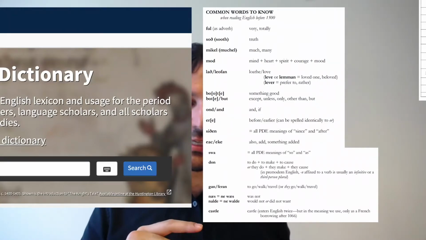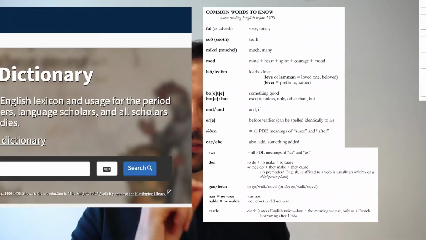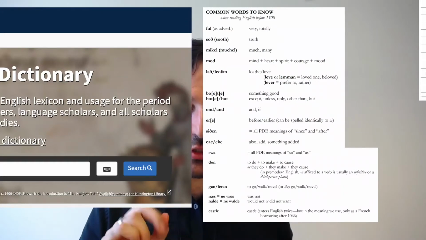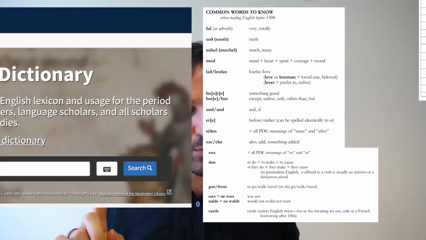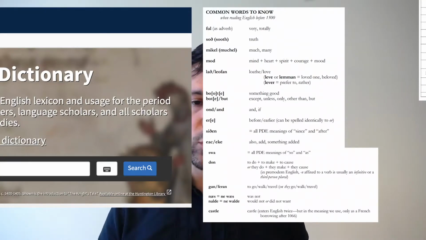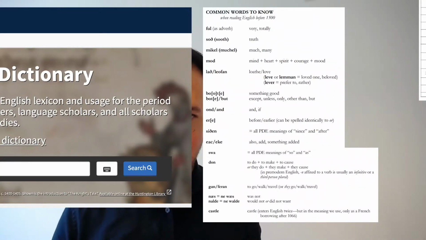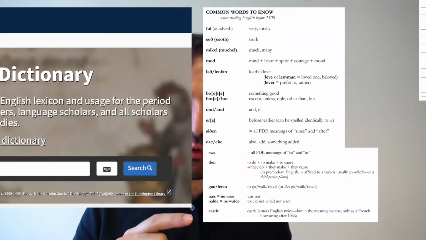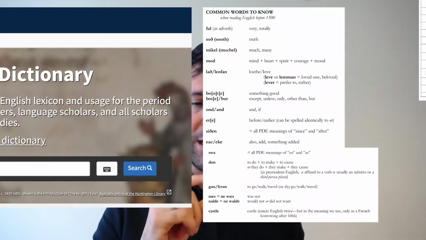And importantly, the word castle, which is one I wanted you to keep in mind. Remember that castle is particularly Middle English. It enters English twice, but the first usage is rarer and doesn't mean what we mean when we say castle. When we see castle used to mean what we now mean as castle, we have that entering English only as a French borrowing after 1066.